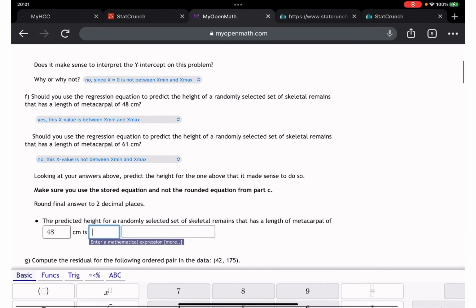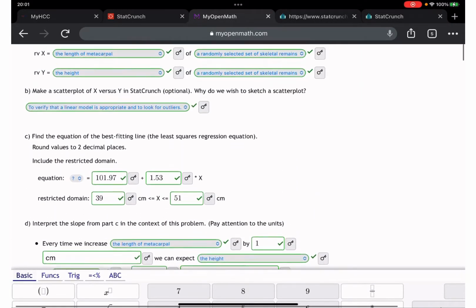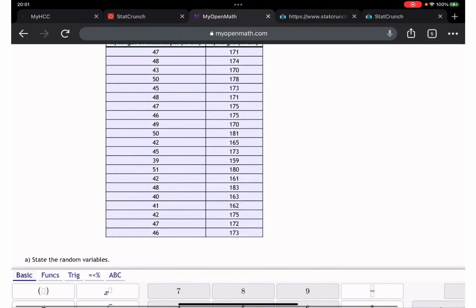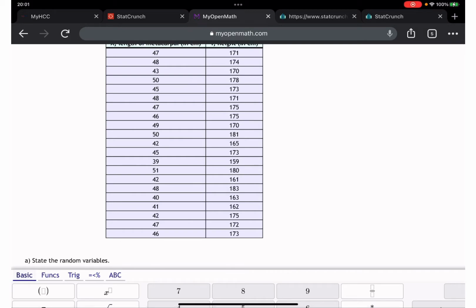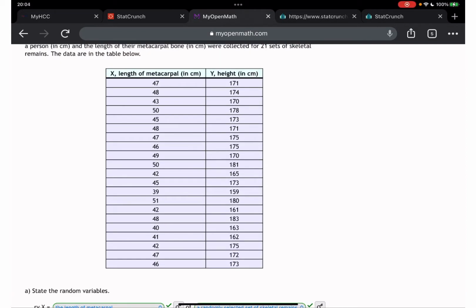Let's go see the height for 48. 174, and we have 100 for 48. We have also 171. Okay.